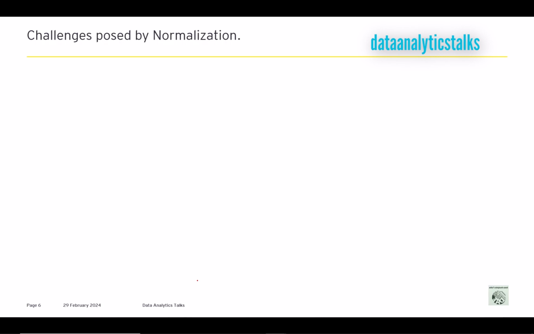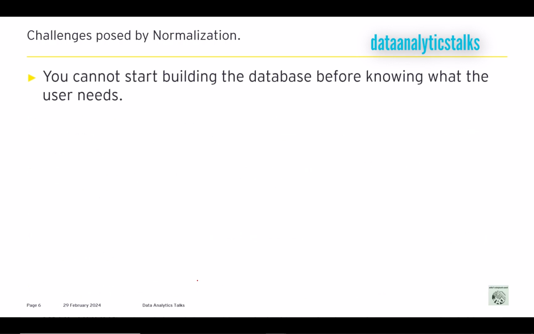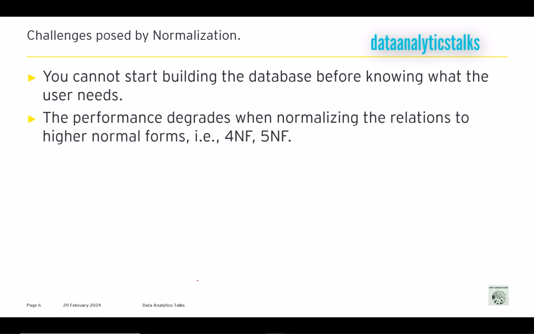The first challenge is that you cannot start building the database before knowing what the user needs, because we have to have multiple tables and proper relationships. So you have to have a good understanding of what the user needs in advance before you start designing your tables and database. Secondly, there can be a performance degradation when normalizing the relation to higher normal forms like 4NF and 5NF.